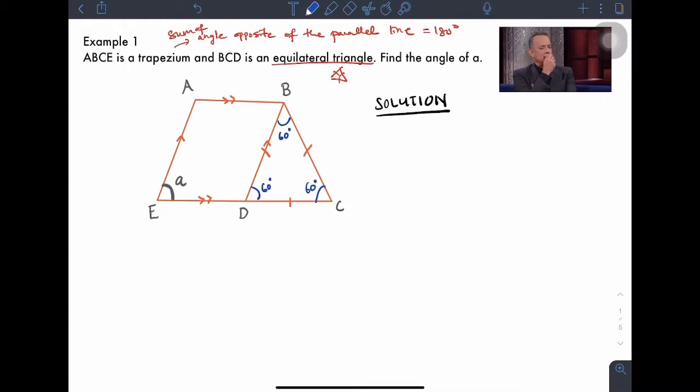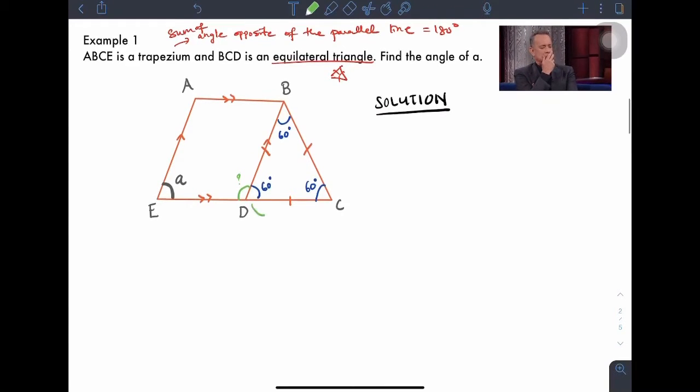Now, do you think it is possible to find the angle here? Remember we have learned about the angle of a straight line. Here we will use the properties of angles on a straight line: the sum of the angles on a straight line will give you 180 degrees.